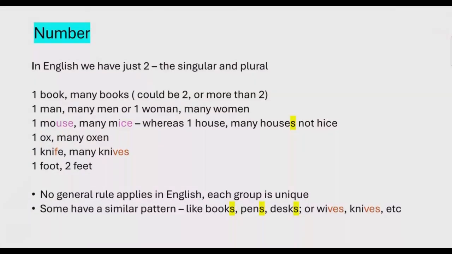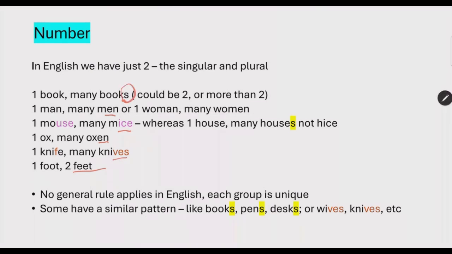We said in English we just have 2 ways of saying things, either singular or plural. Like you say one book and many books, one man, many men, right? One mouse, many mice. And also, if you notice in the plural form, there's different kinds of plurals that come about, right? Different spellings, different ways of saying it. So even English has got what is called broken plurals. Not every plural takes the same suffix to make it plural.